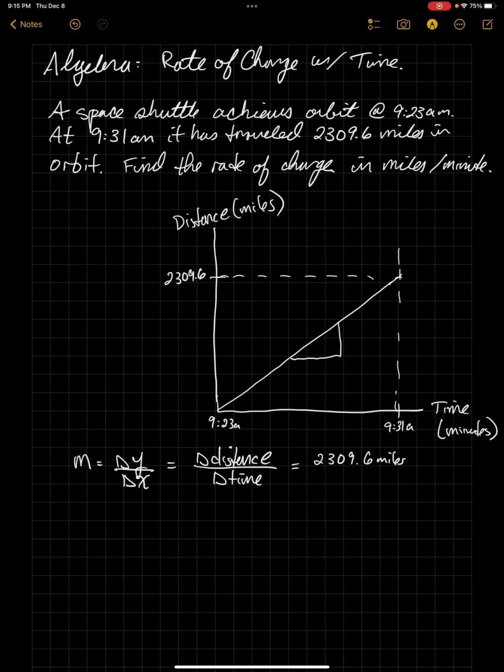That's the change in distance. And the time changes as we go from 9:23 a.m. to 9:31 a.m. So our change in time is 8 minutes. We can go ahead and replace the denominator with 8 minutes.